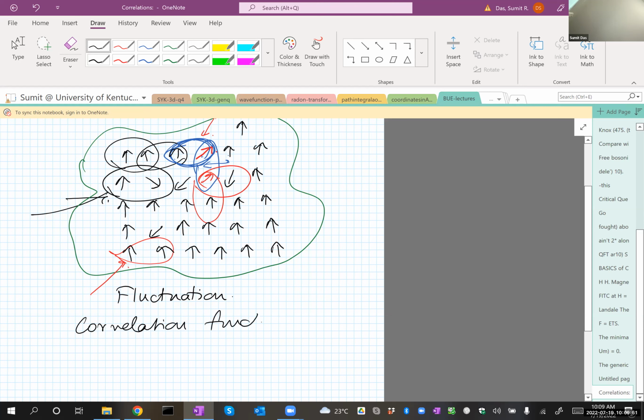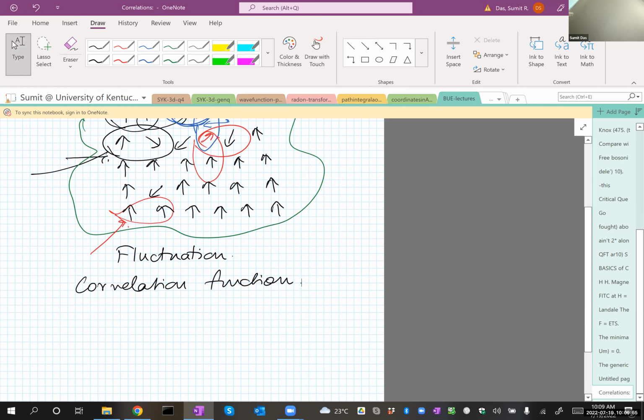I'll not describe what a correlation function is. The way you do this is you say that your magnetization, now I include dependence on x, is whatever value you have, plus something which I called a fluctuation, eta.